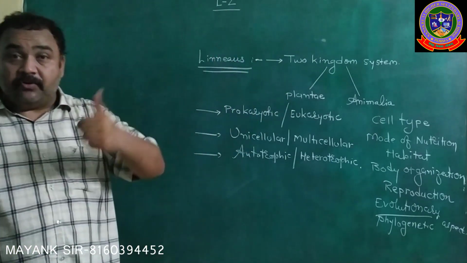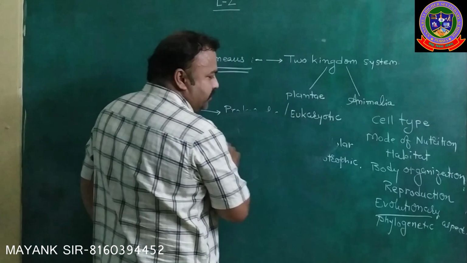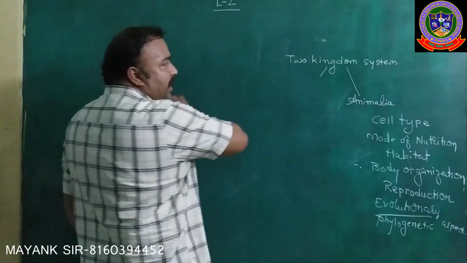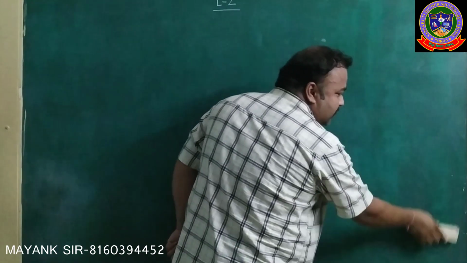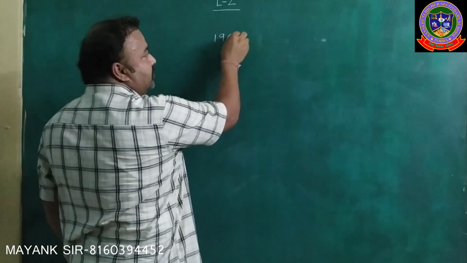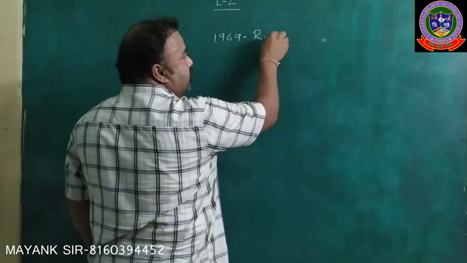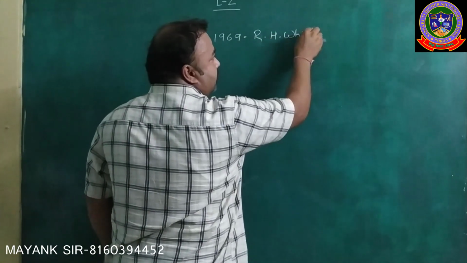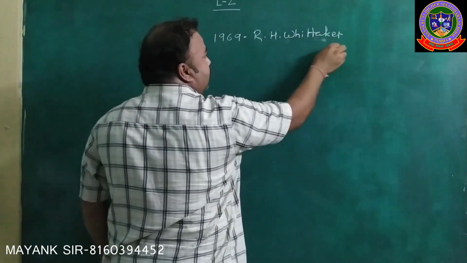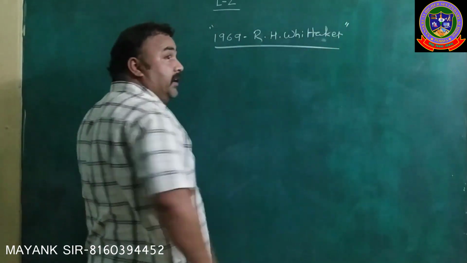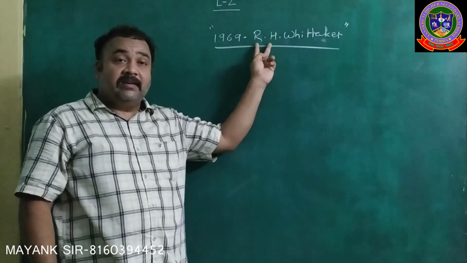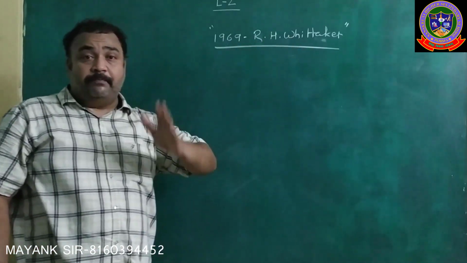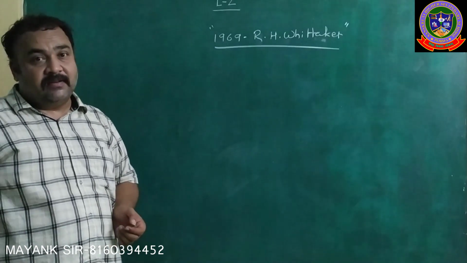But later on, after so many years, in recent times, in 1969, a scientist known as R.H. Whittaker proposed a new classification system.